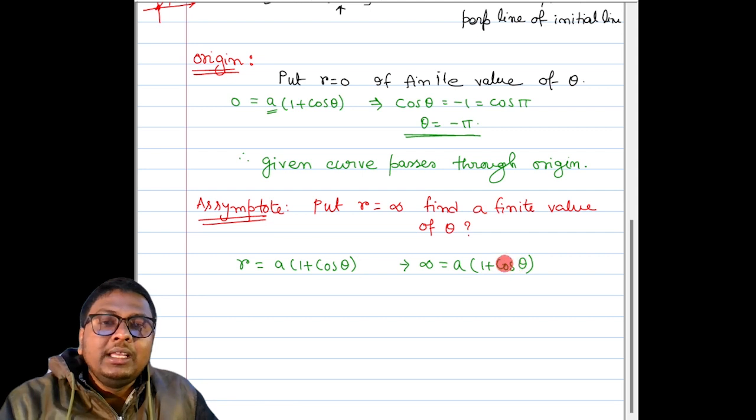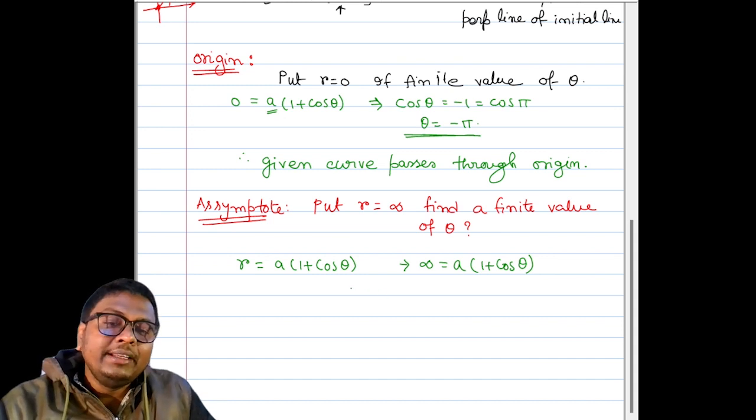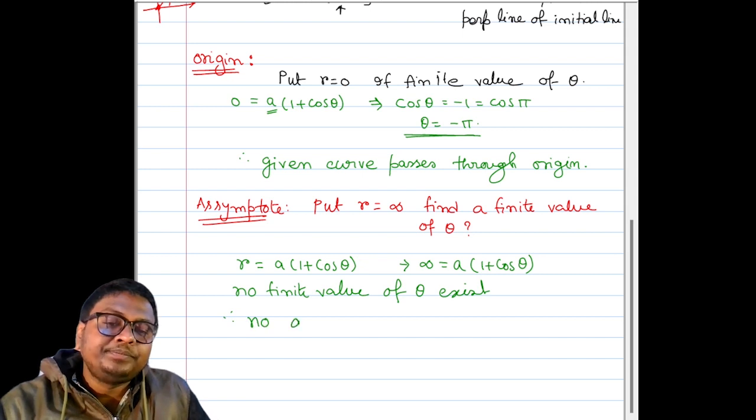So cos theta cannot give you infinity, so this portion cannot give you infinity for any particular value of a. Therefore you cannot find a finite theta, so no finite value of theta exists. Therefore no asymptote.